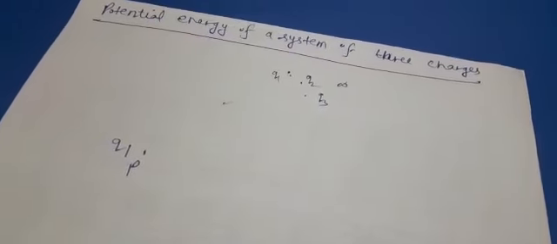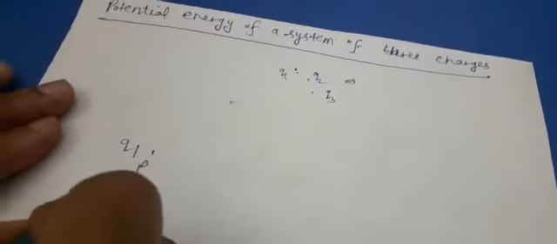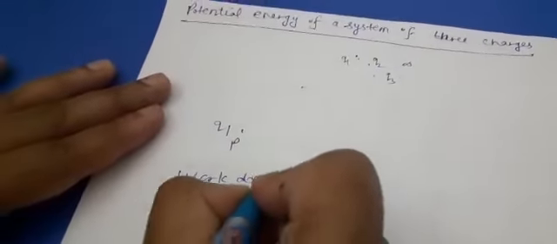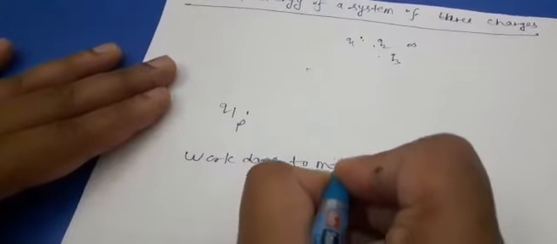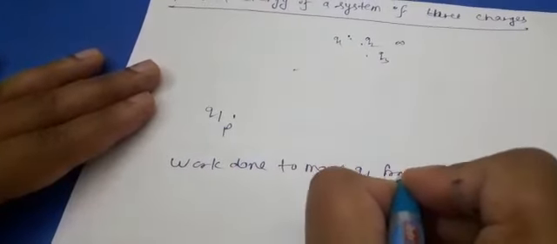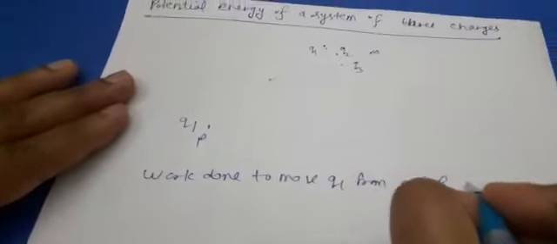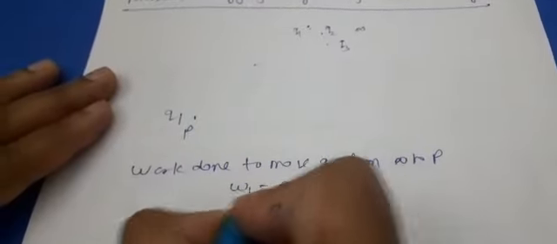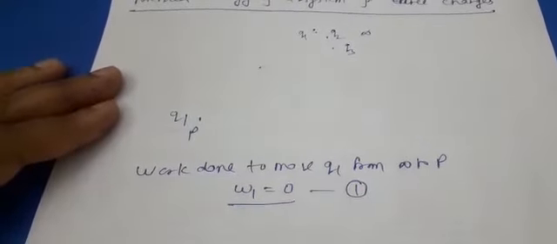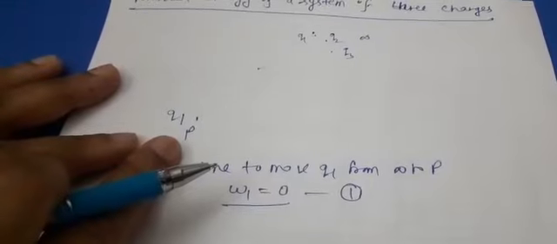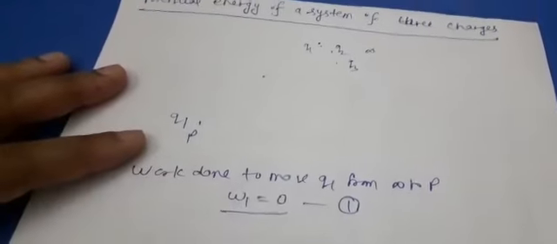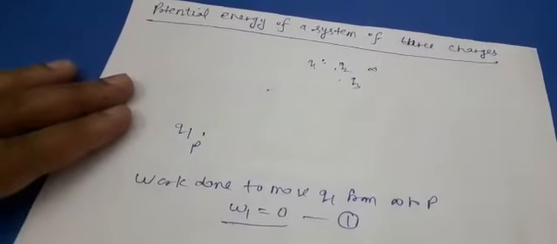There is no potential present. So work done to move Q1 from infinity to P will be 0. Initially no potential is present here, so it is in the field free region. Therefore work done will be 0.